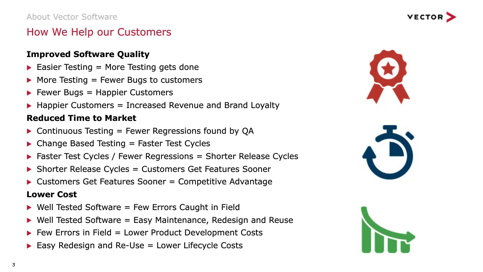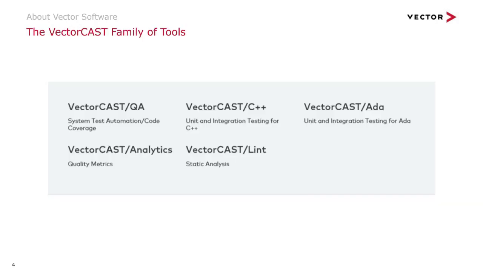Okay, the system has auto-magically advanced me to the next slide, so I guess we're ready to talk about the VectorCAST family of tools. And what you're seeing here are the tools that we offer for testing, and these are the parts of our test automation platform.